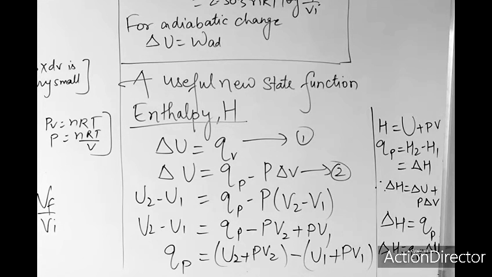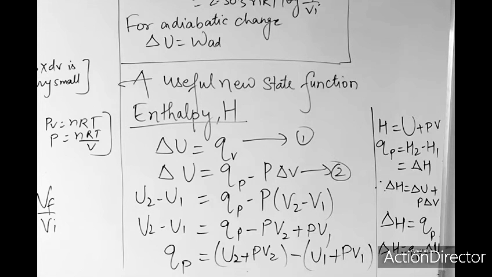So what you have learned here is that the difference between delta H and delta U is not usually significant for systems consisting of only solids and or liquids. Solids and liquids do not suffer any significant volume changes upon heating. The difference, however, becomes significant when gases are involved.